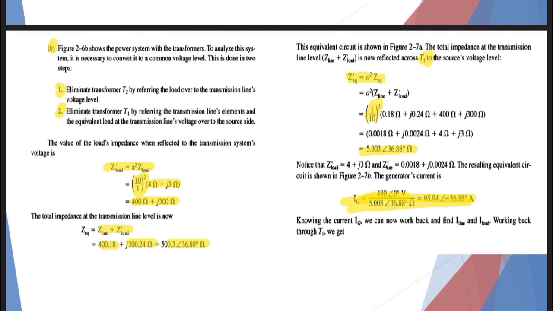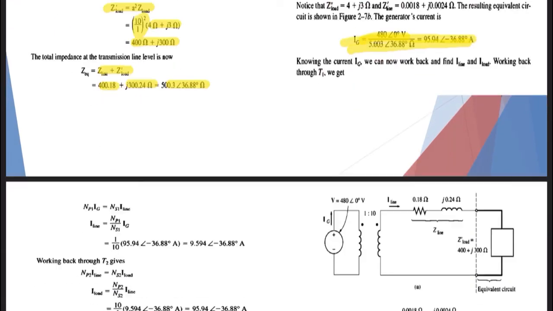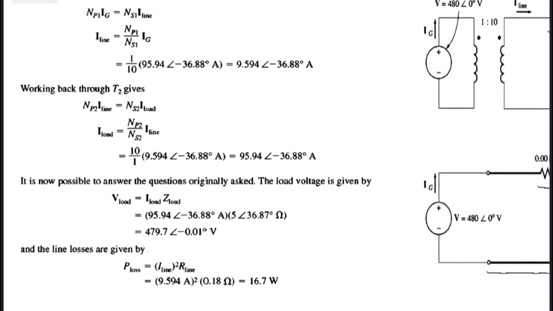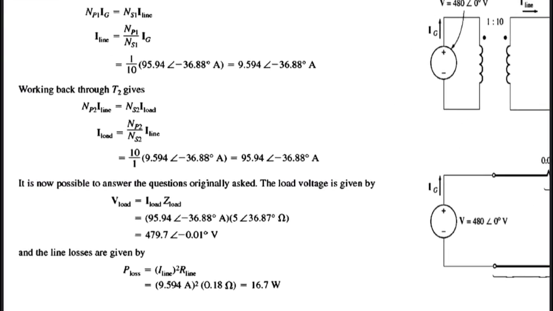Working back through T1 we get NP1 multiplied by IG equals NS1 multiplied by I line. So I line will be NP1 over NS1 multiplied by IG, so 1 over 10 multiplied by IG, and we get I line.